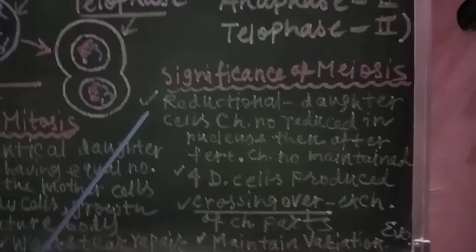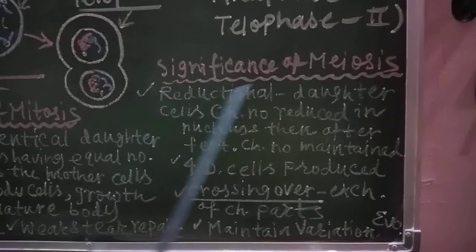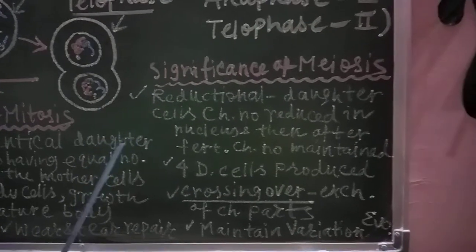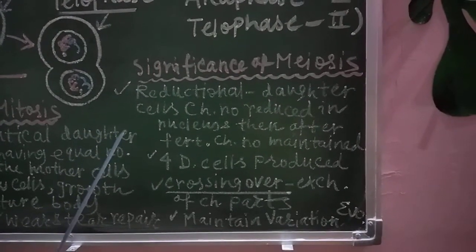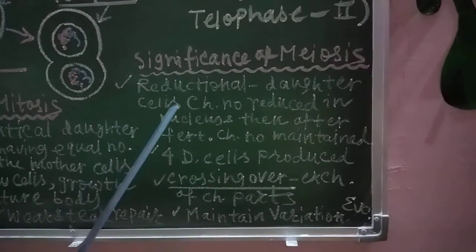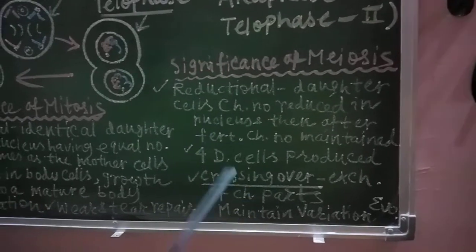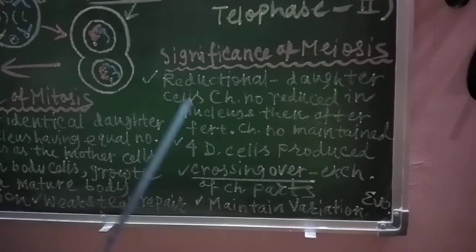What is the significance of meiosis? It is called the reductional division. As I told earlier, in daughter cells the number of chromosomes is reduced to half, and thus after fertilization, the parental cells combine with each other forming the zygote, where again the chromosome number gets doubled.